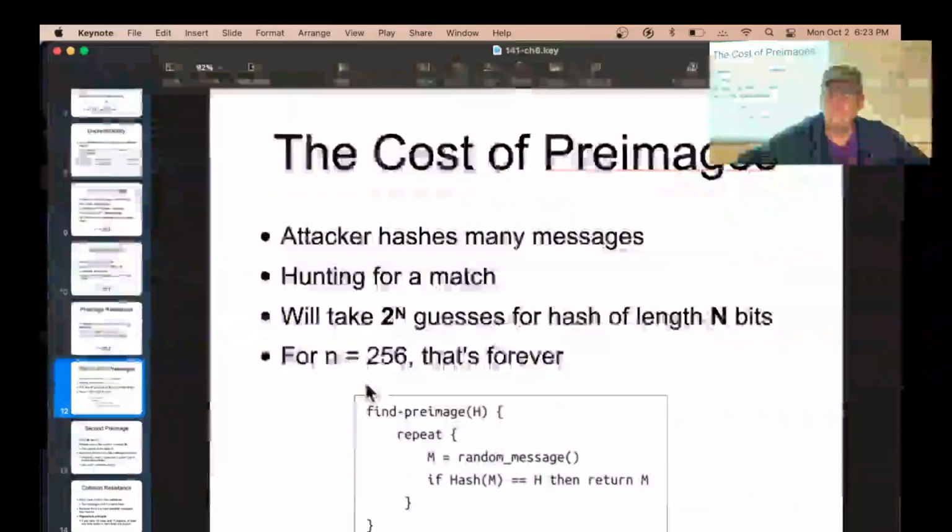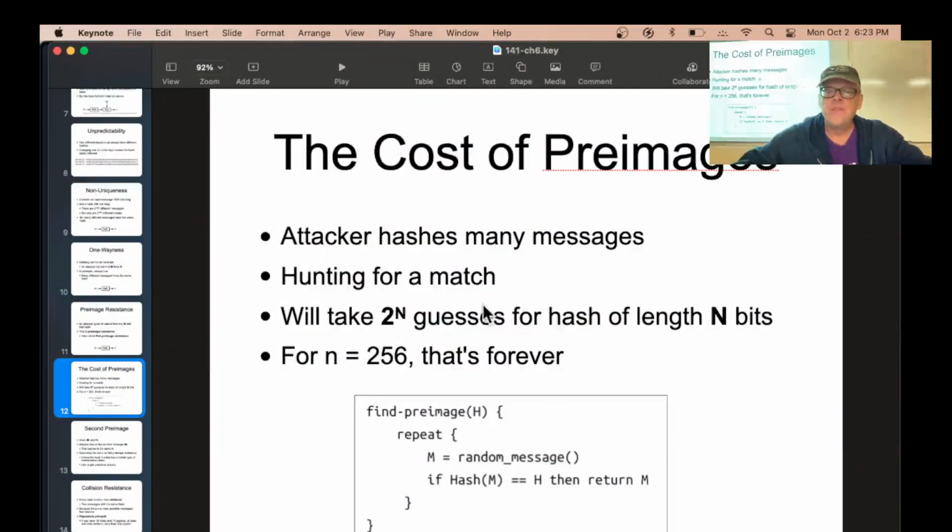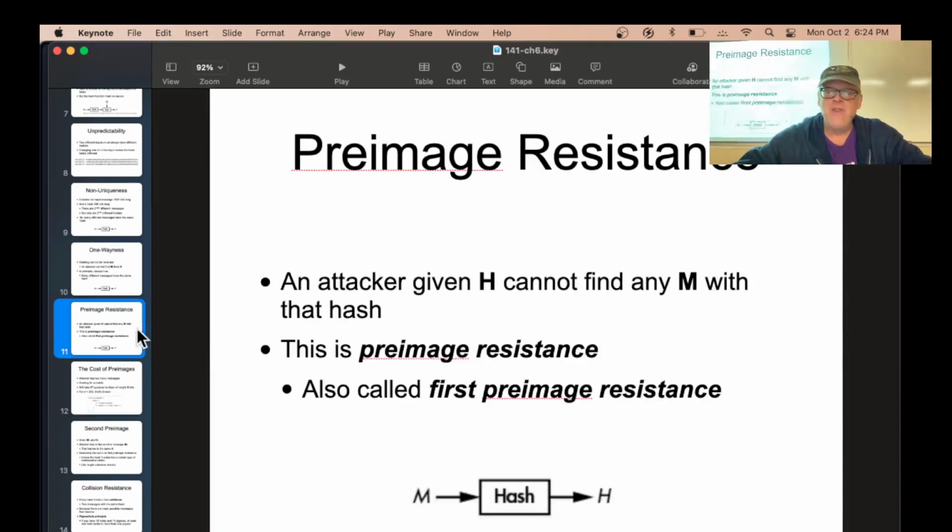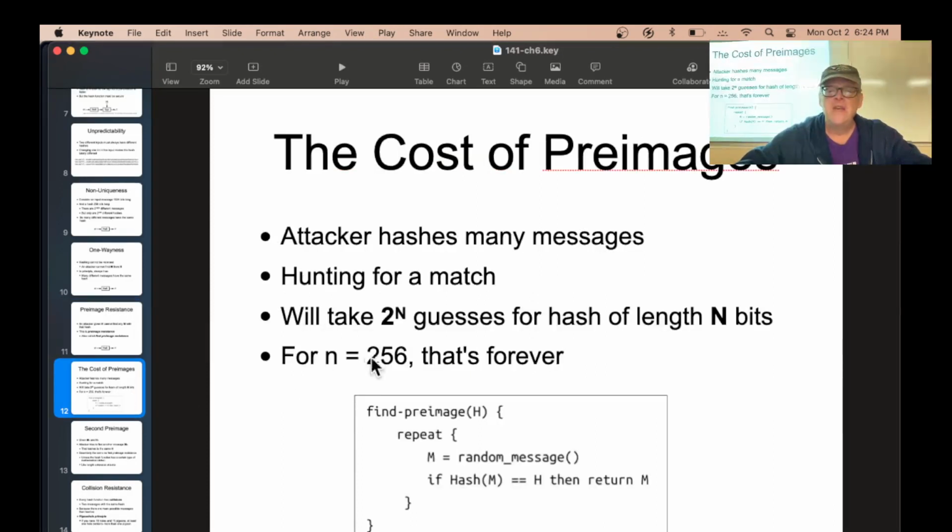And there's a second one. Well, so we can figure out the cost of this. If you want to find a match, then if you have n bits, you're going to have to do 2^n guesses to catch that particular value. So if I have a certain hash value, I'm going to have to try messages at random until I hit that value. Typically it'll take 2^n guesses.